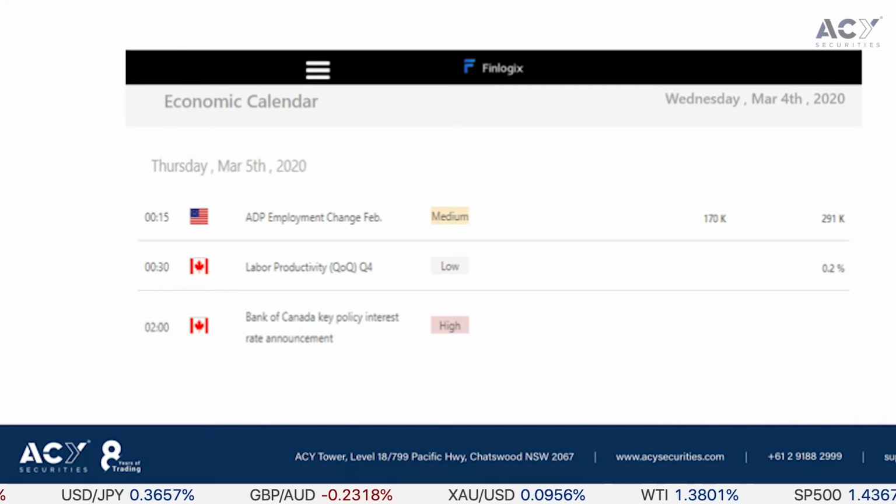The next one to look at is at 2 a.m., which is obviously a little bit later on after the ADP employment, where the Bank of Canada is set to make a monetary policy statement and a cash rate announcement. Most economists expect a cut of 25 basis points.